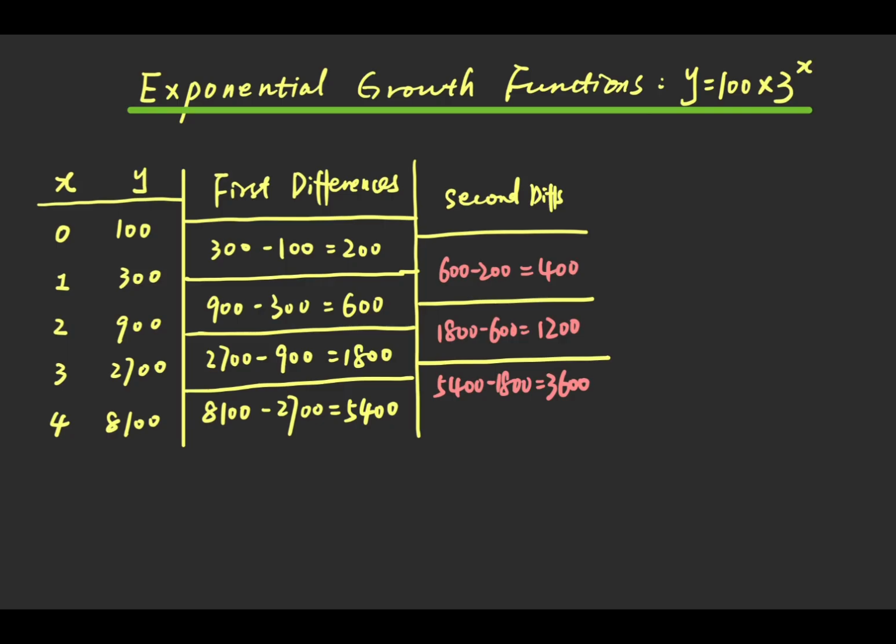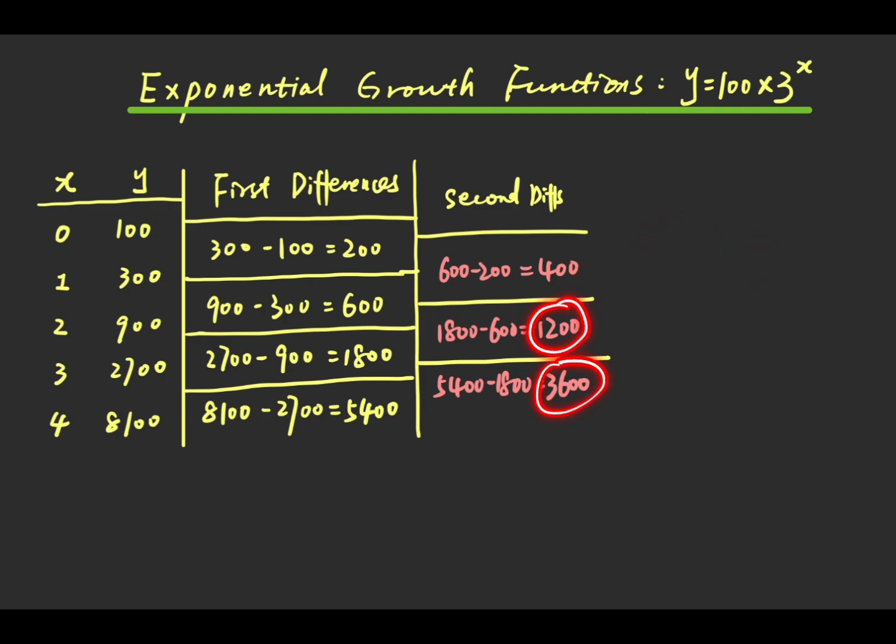That is to say, each value after the first is 3 times the previous value. Alright? Each value after the first is 3 times the previous value. Okay. Similarly, the ratio of successive second differences is the same. That is to say, this one divided by this one, it will be 3.